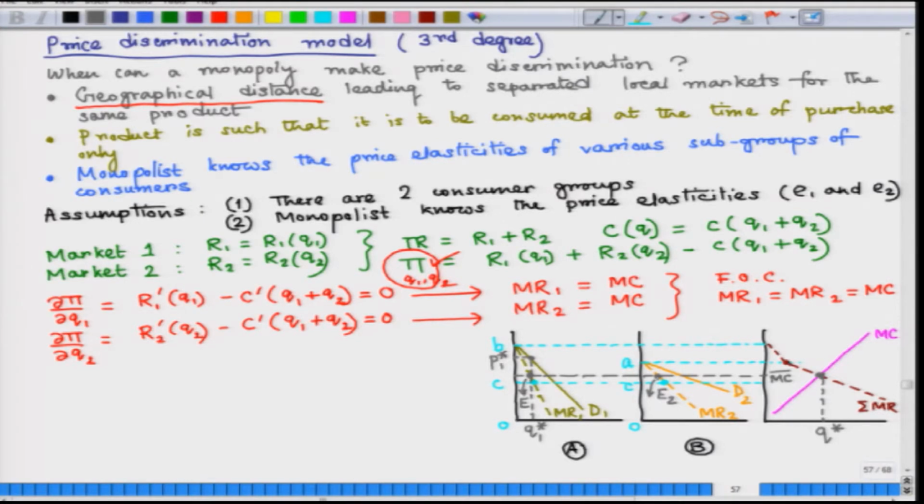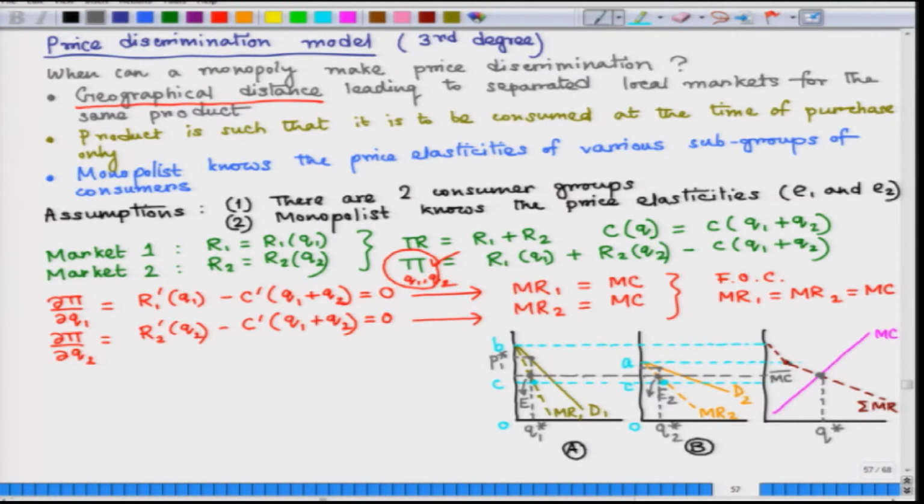So, here again we drop this perpendicular line on the quantity axis to find the equilibrium quantity to be sold in market 2, and again we move up to the demand function to read the price that the buyers are willing to pay for that level of output in the market, right.